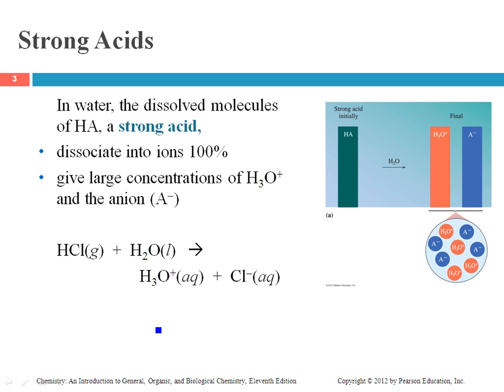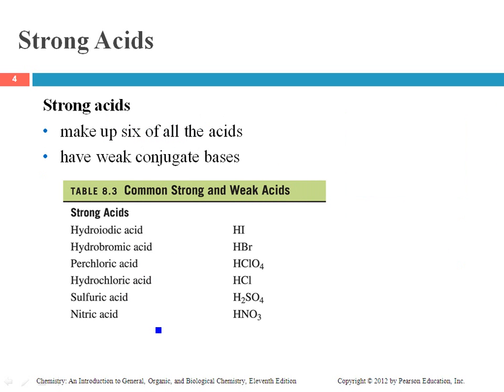All of those will 100% ionize. That is the key to this section, that strong acids 100% ionize and weak acids do not. It's going to be the same for bases. So here's some of the strong acids. This graph does not include the weak acids. This first part up here is the strong.